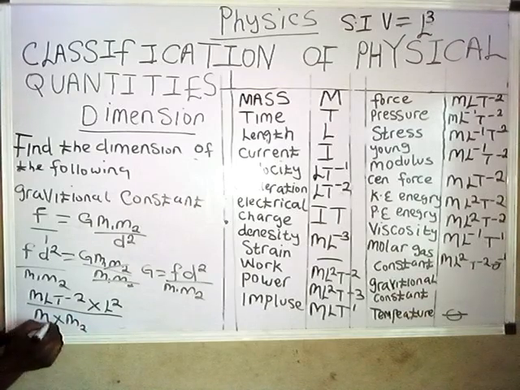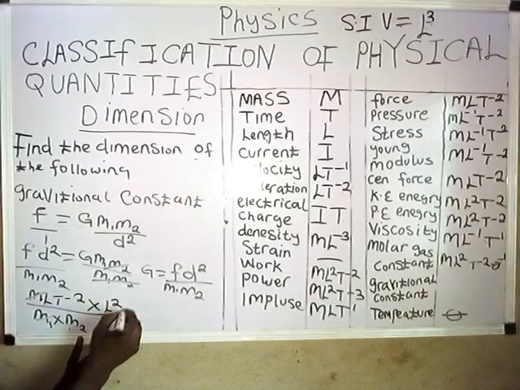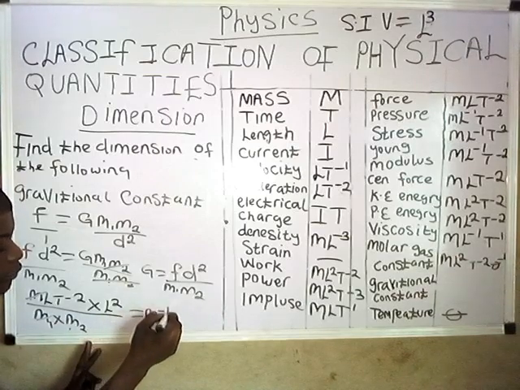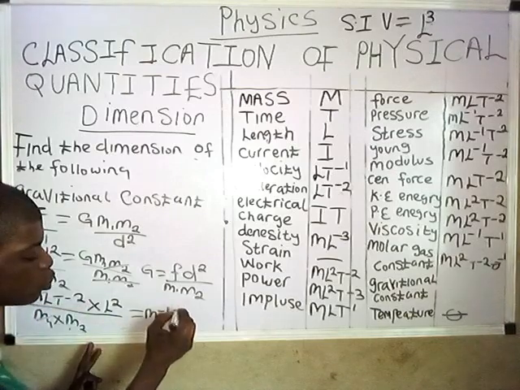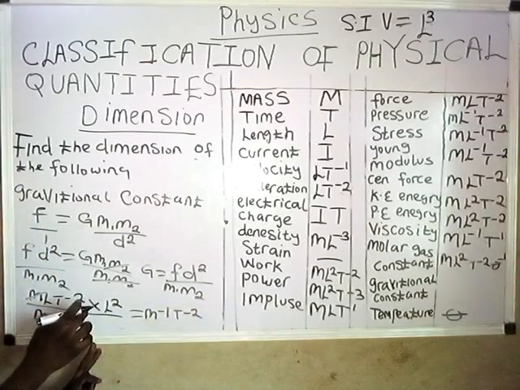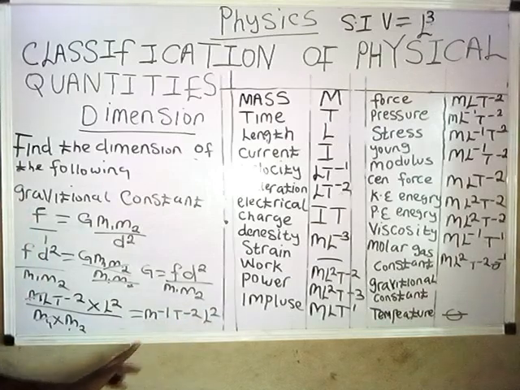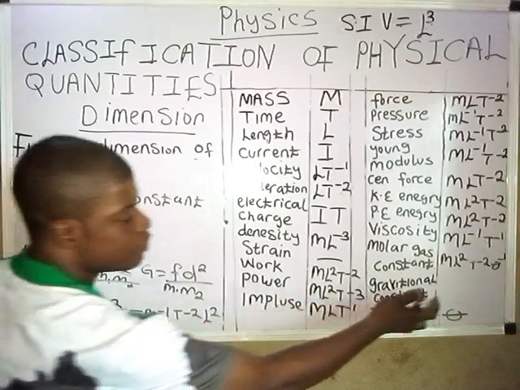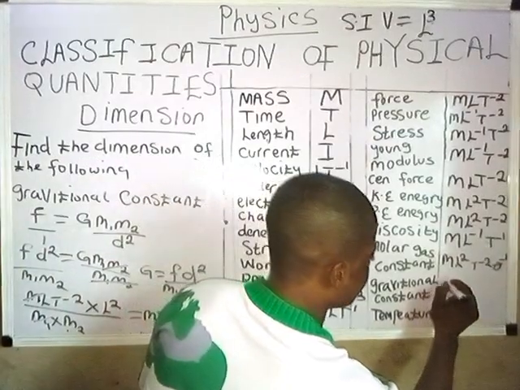Mass cancels mass, so the remaining mass comes up as M inverse, then we have T^-2 and L squared. So we can now rewrite this to be M inverse.